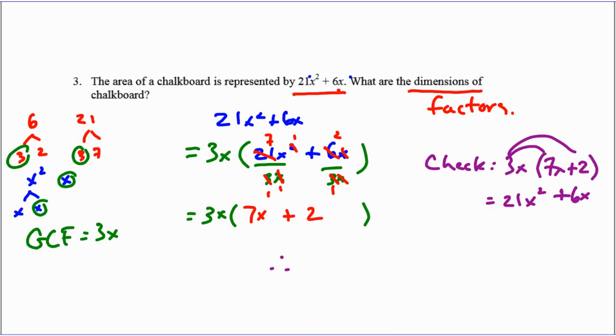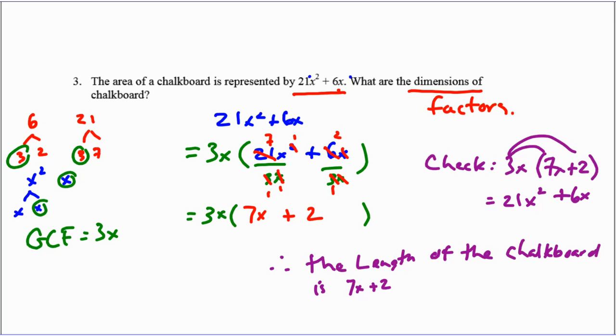So therefore, the length of the chalkboard is 7x plus 2 units, whatever the units might be. And the width is 3x units.